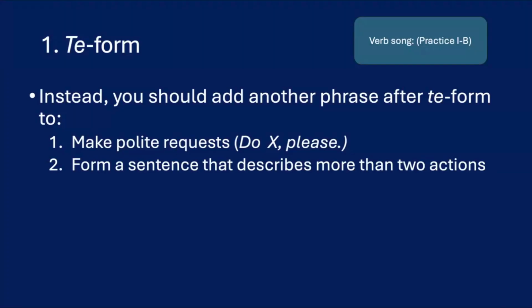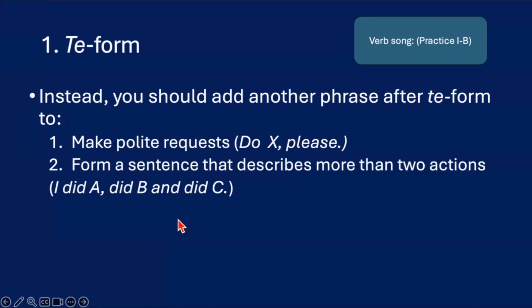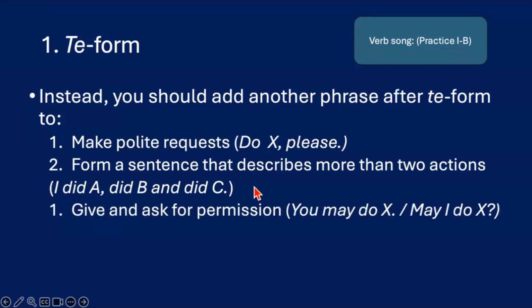Let's say your morning routine, you do many things. You wake up and take a shower, or you eat breakfast and go to school, right? So you can say these things in one sentence if you know the te forms. I did A, did B, and did C, something like that.